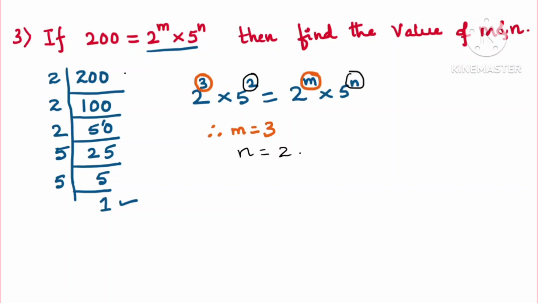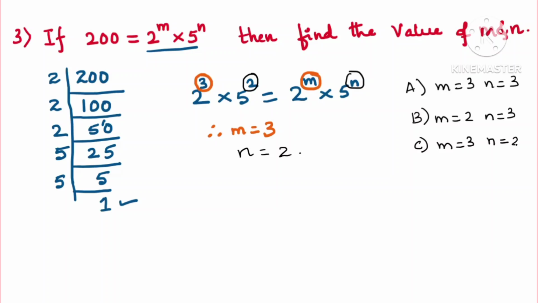The same question can be asked like this: if 200 is equal to 2 raised to m into 5 raised to n, then option A, m is equal to 3 and n is equal to 3. Option B, m is equal to 2 and n is equal to 3. Option C, m is equal to 3 and n is equal to 2.